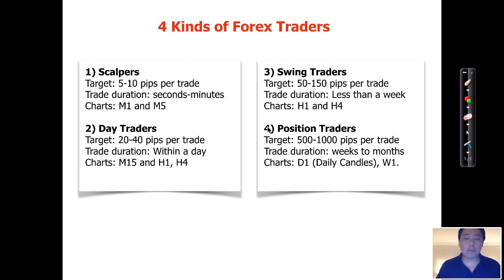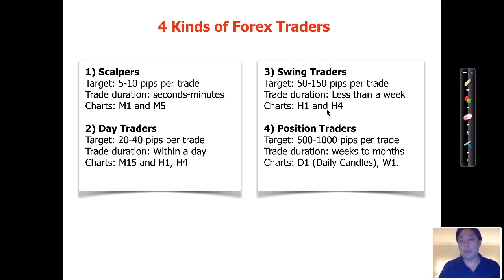So normally position traders like George Soros, for example, when he enters a trade, he will target 500 to 1,000 pips per trade or more. To capture 500 to 1,000 pips, you have to stay in the trade for a few weeks to months to even years. And position traders tend to look at daily candles, where each candle represents one day, or weekly candles. So those are position traders.